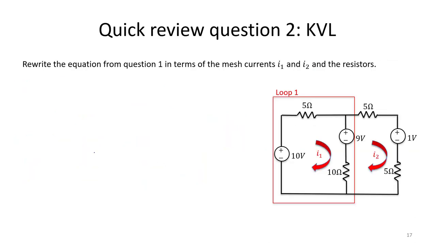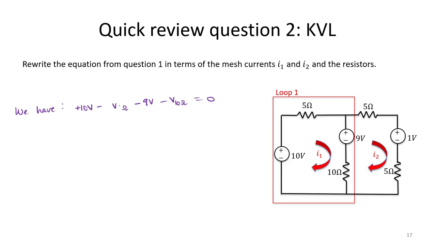Okay, so our next question asks to rewrite the equation from question 1 in terms of our mesh currents and the resistors. In this case, remember we had the equation plus 10 volts minus V 5 ohms minus 9 volts minus voltage drop across 10 ohm resistor. We have this equation.